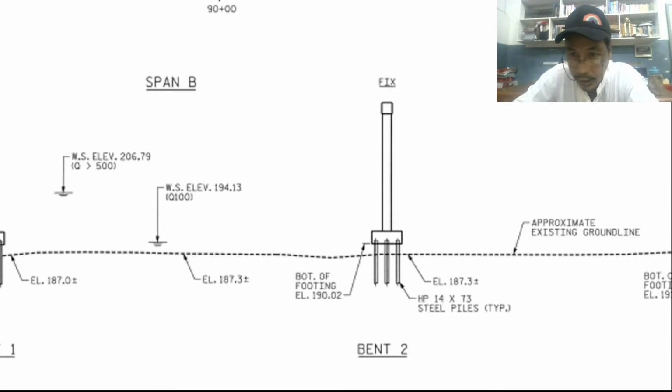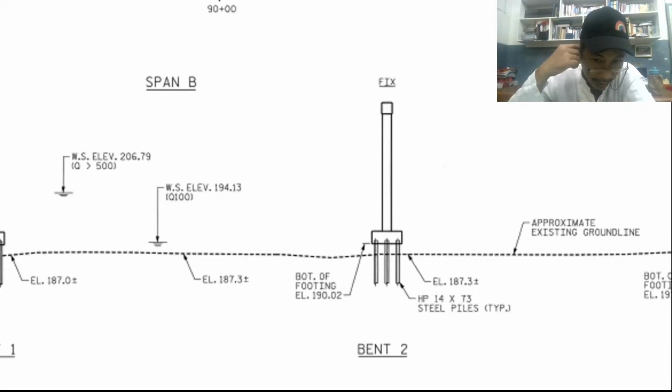I think 73 is the length, but I will confirm from my previous search. For an H pile, 73 is the same as in W shapes. 73 means 73 pounds per foot. That is what we mean by 73.